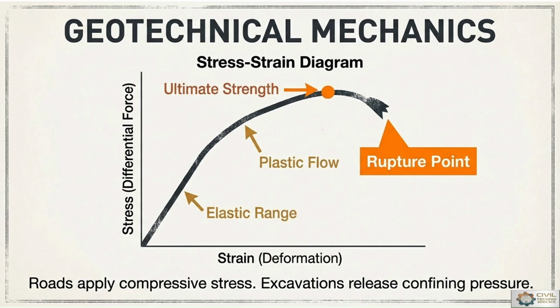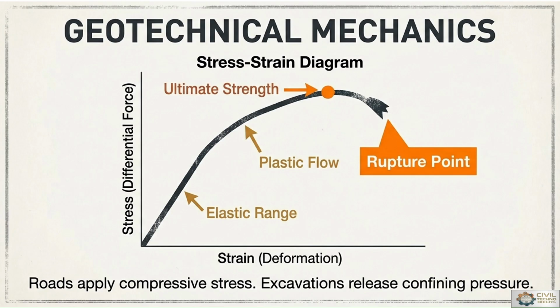So the black curve at the early stage is in the elastic range, after some part it may be in plastic flow, before the end point it gives the ultimate strength, and after the ultimate strength it may reach the rupture point or it may crack. It means when we start applying force at a point, that point has to sustain that force.